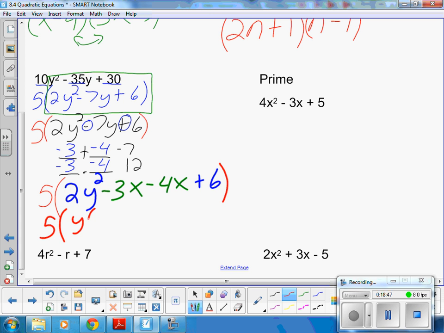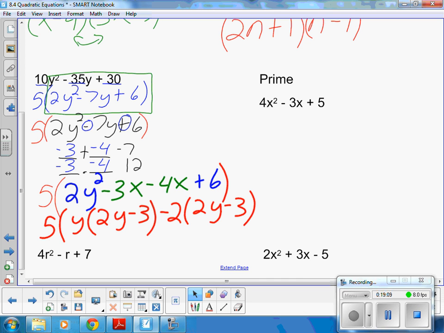So y times 2y minus 3, and then I'm going to factor out a negative 2, times 2y minus 3. So my final answer, I'm running out of space, is 5 times y minus 2 and 2y minus 3.